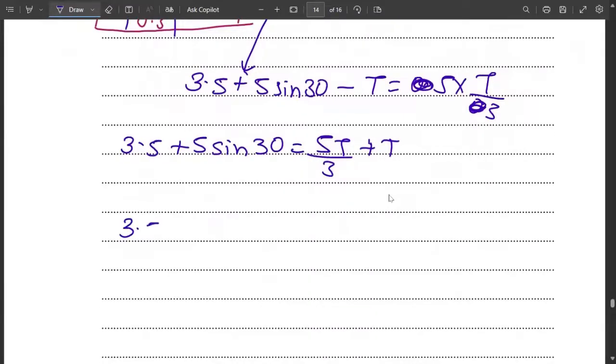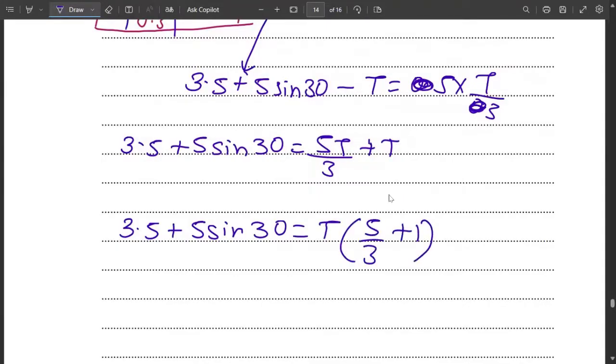So 3.5 plus 5 sine 30 is equal to T in bracket 5 upon 3 plus 1. 5 upon 3 plus 1, if I put that in the calculator, I will get 8 upon 3.